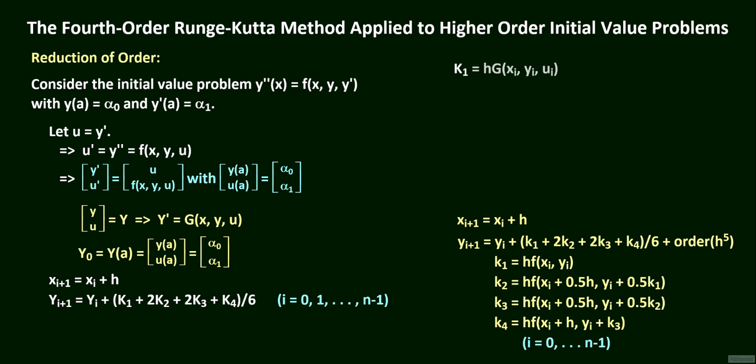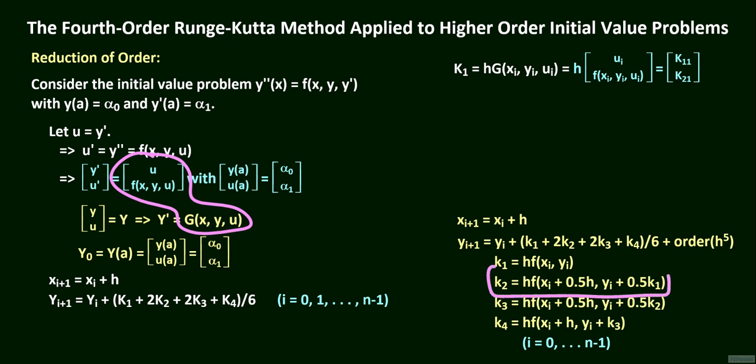Uppercase K sub 1 equals h times g of x sub i, y sub i, u sub i, and applying the formula for g is equal to h times the vector u sub i, f of x sub i, y sub i, u sub i. Let the components of K sub 1 be k sub 1,1 and k sub 2,1.